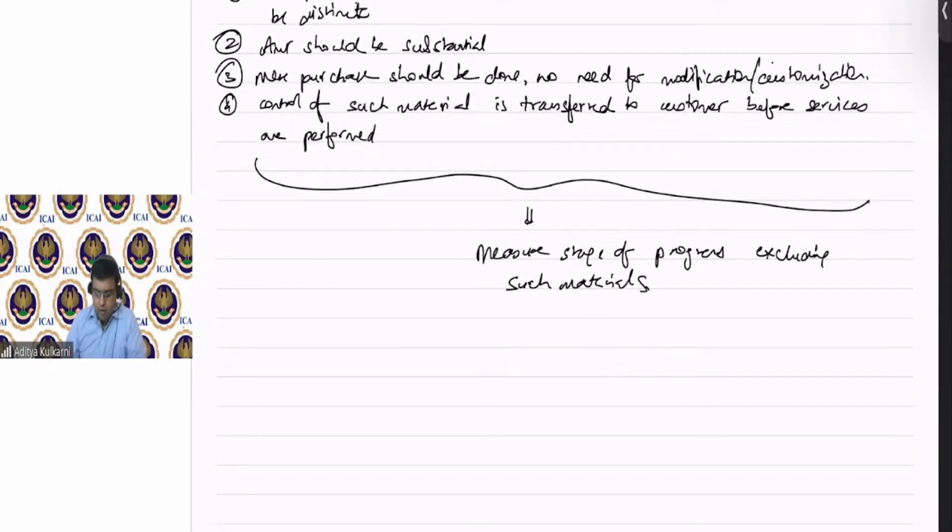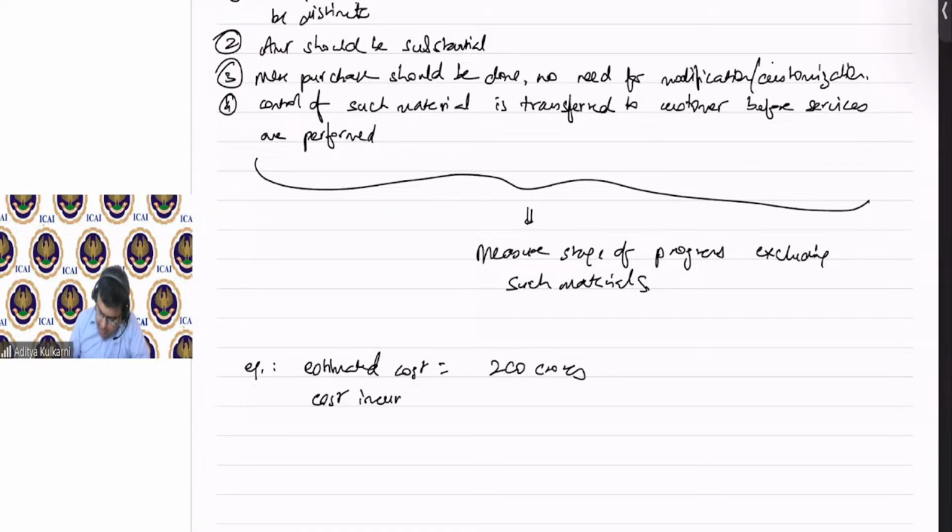Okay. All right. So therefore, example, estimated cost equal to 200 crores.